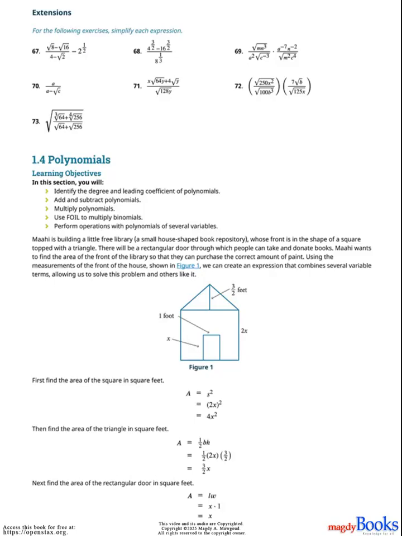Open parenthesis, square root of 250x squared over square root of 100b cubed, closed parenthesis, multiplied by, open parenthesis, 7 square root of b over square root of 125x, closed parenthesis. 73. Square root of cube root of 64 plus fourth root of 256, divided by square root of 64 plus square root of 256.